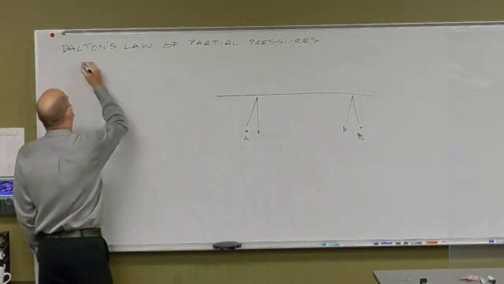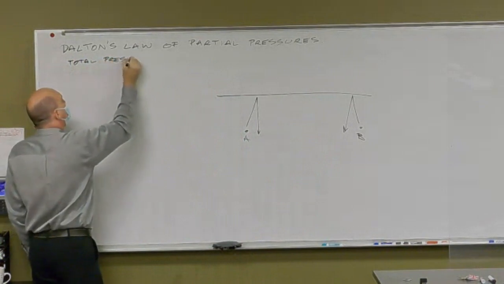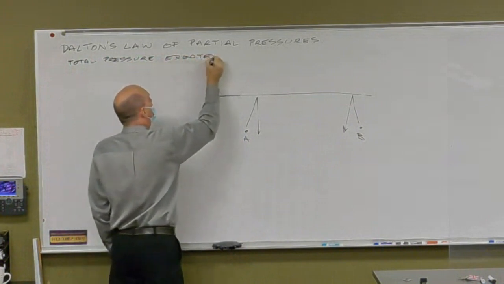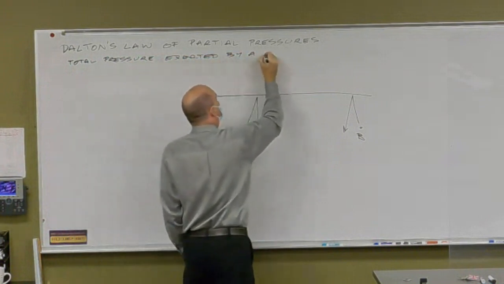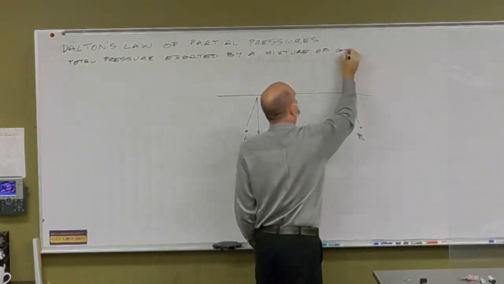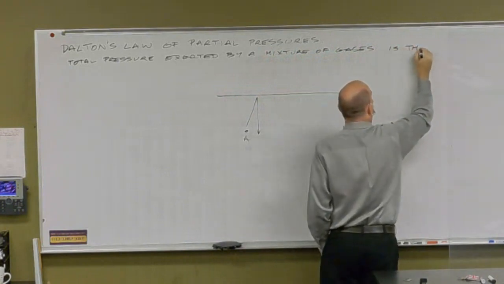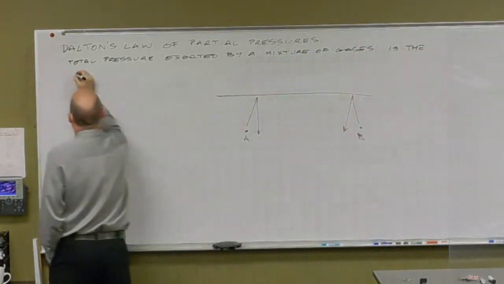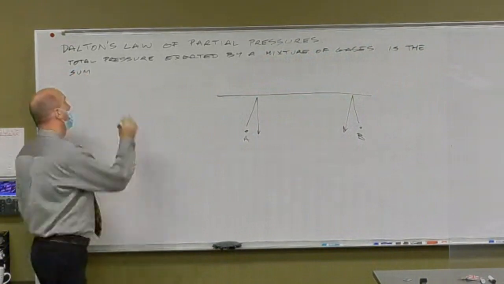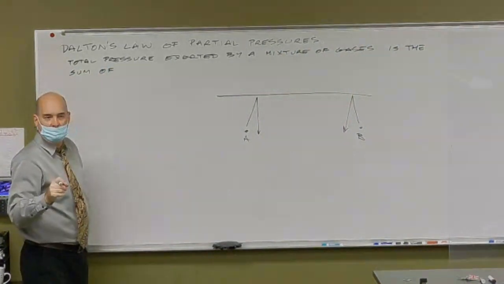Dalton's law of partial pressures says that the total pressure exerted by a mixture of gases is the sum, just add the numbers together, of the individual pressures of the gases.